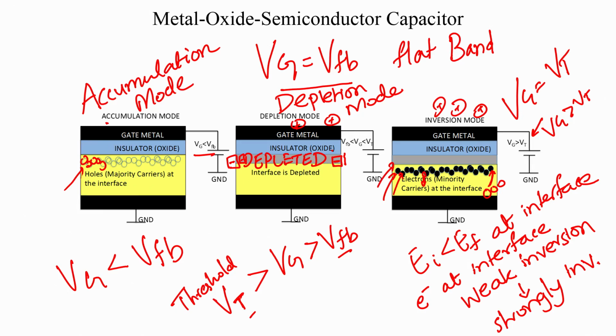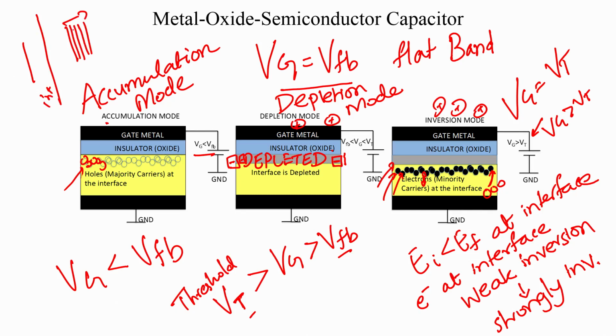So, this is the story. Initially you had flat band, and when you start making Vg greater than flat band, the first thing that happens is the depletion width starts increasing. Let us say that is the interface.